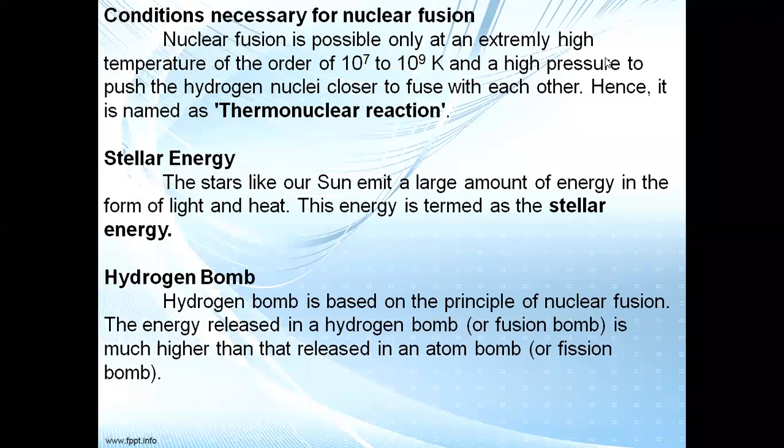The Earth's atmosphere contains hydrogen, so why can't this explosion happen spontaneously in the atmosphere? Because nuclear fusion happens at extremely high temperature, of the order of 10 power 7 to 10 power 9 Kelvin.